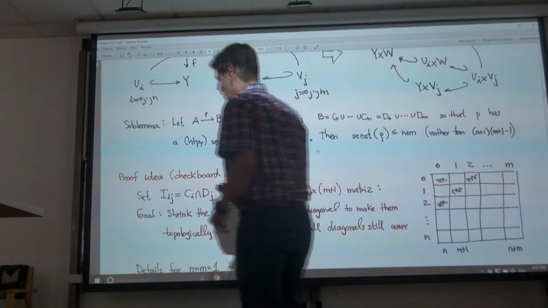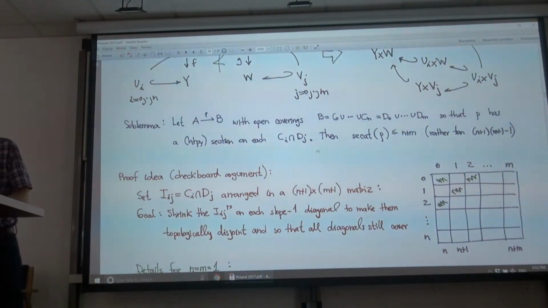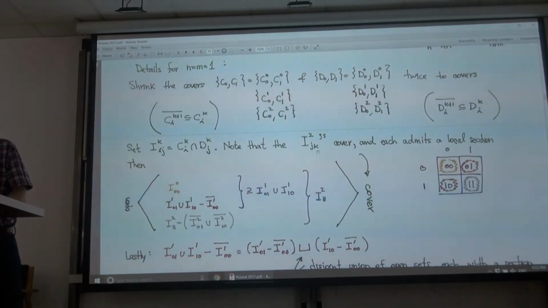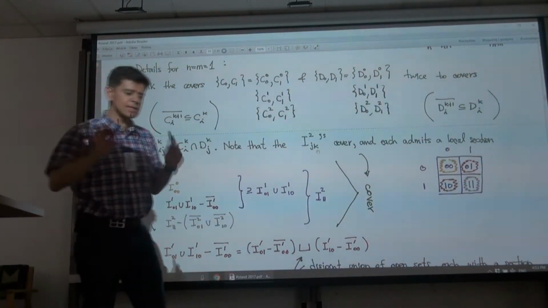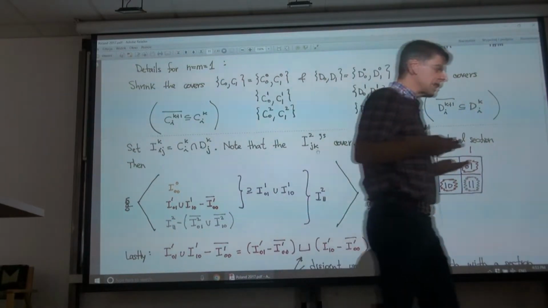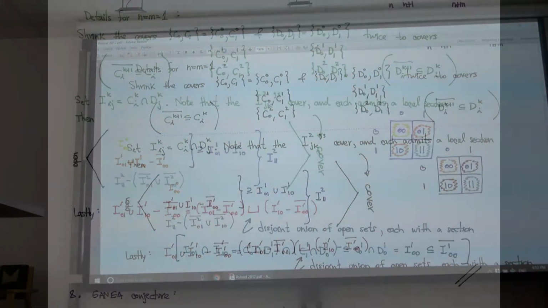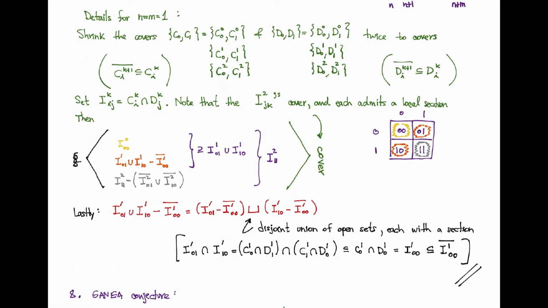And let me do the detail in a very special, simple case, but nevertheless representative. Namely, suppose that m and n are 1 each. So I have only one guy here covering the base space, and one guy here, one guy here. Now, I'm supposing that the base space is topologically nice.